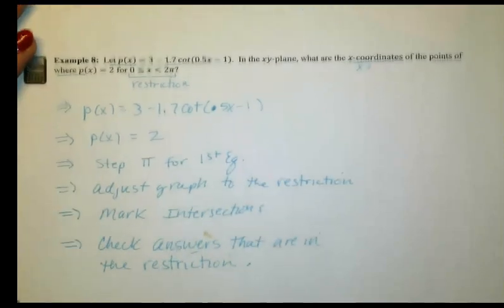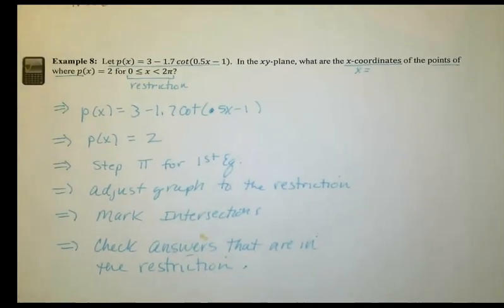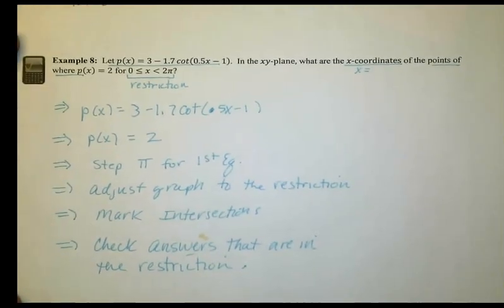That's important because remember, these are periodic functions, so they go on forever. So you may see more intersections than actually apply to the problem itself. So go ahead and call up your Desmos, and I will switch my view so that you can see mine.